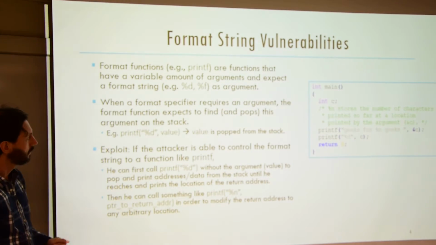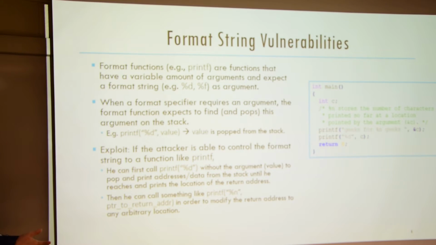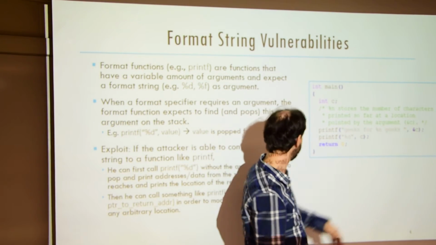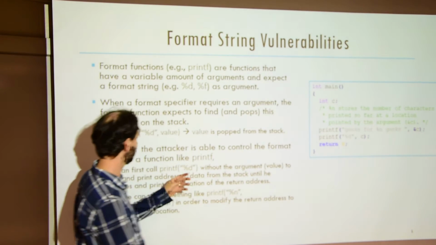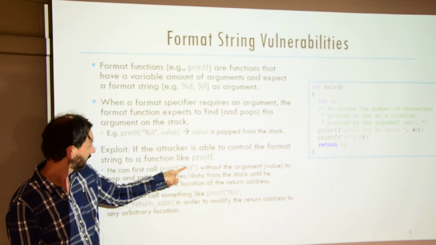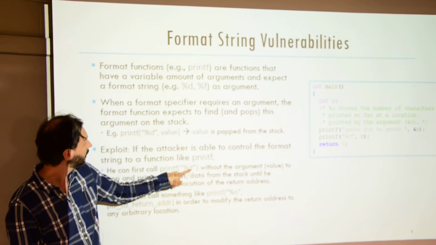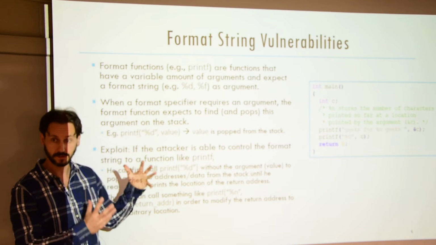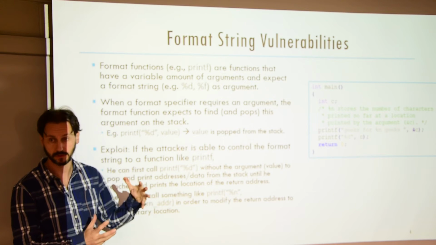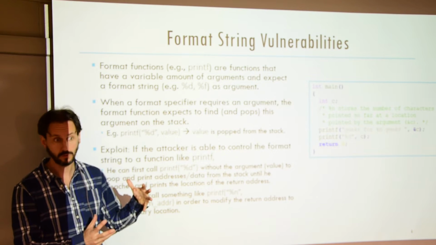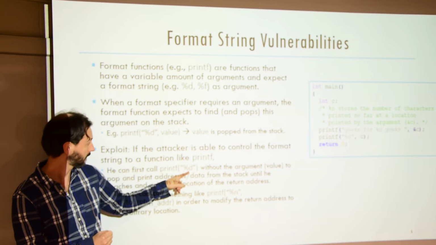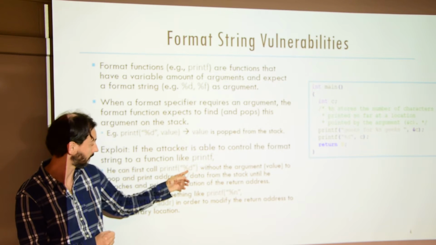Now, if you expect to see, let's do this particular one, a percentage %d, you expect to actually retrieve from the stack corresponding to the printf functionality an integer, right? A %d means that you want to see an integer variable.